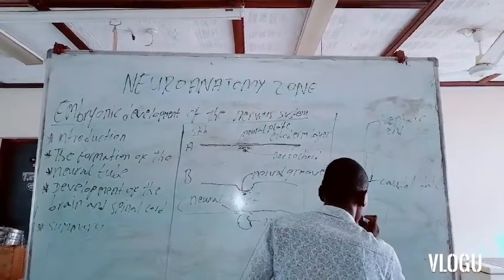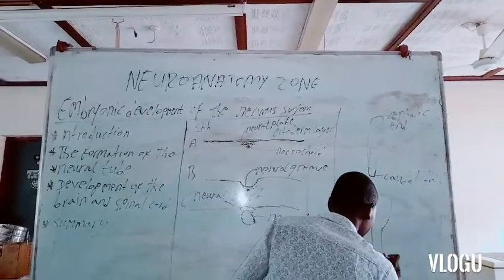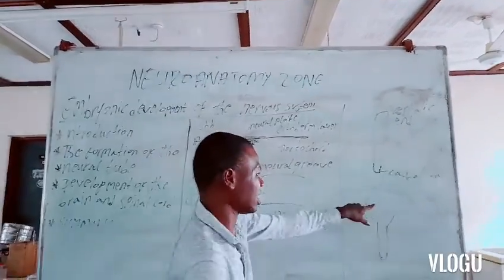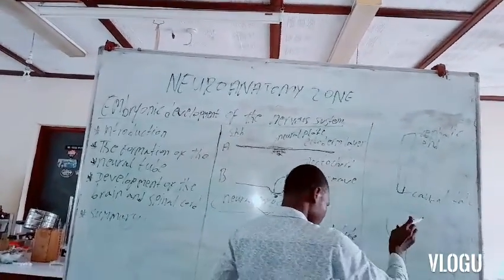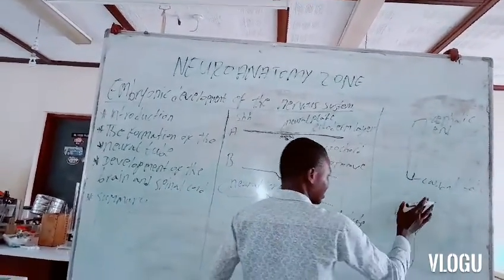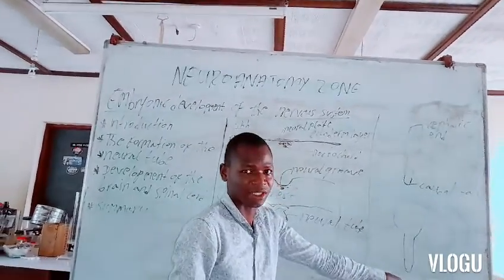Okay? So you see, this expanded structure is known as the encephalic expansion. Okay, so you could see the cephalic end of the neural tube expanding here to form the encephalic expansion. Okay, and then you have the caudal tail remaining as it is.